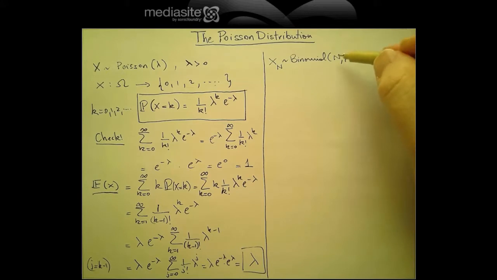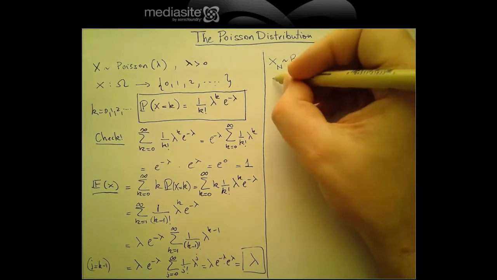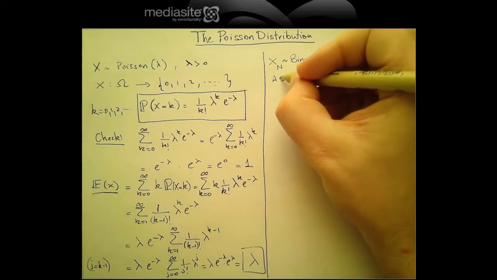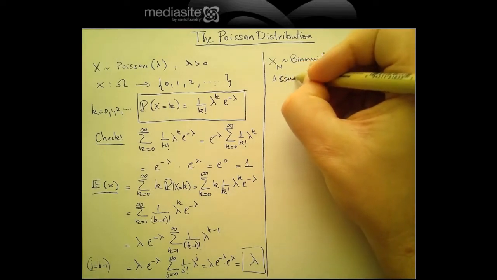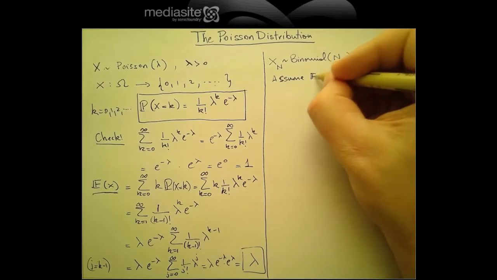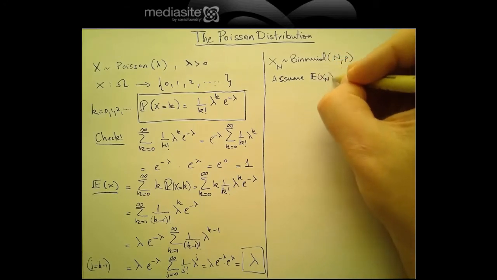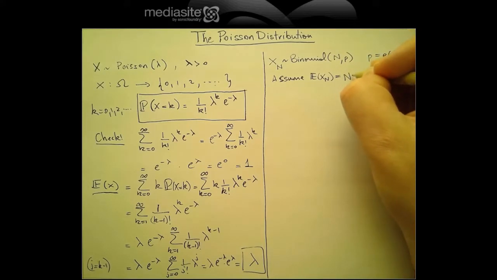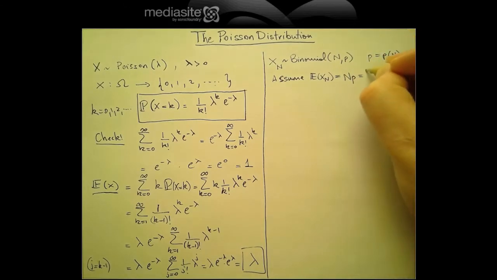As n goes to infinity, p will go to 0, and assume that the expectation of these random variables, which is n times p, is constant, equal to lambda as n tends to infinity.